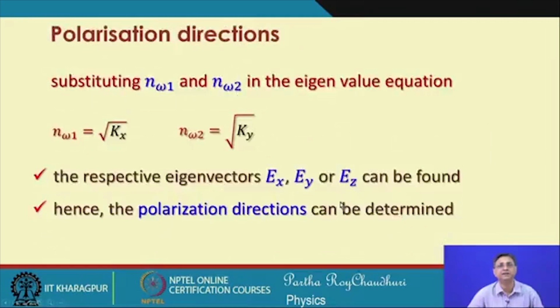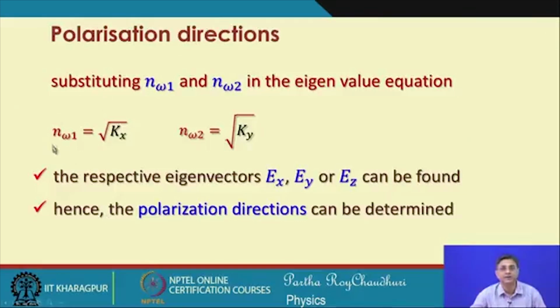So, this is very interesting. Substituting the value of n omega 1 equal to this and n omega 2 equal to this in the eigenvalue equation, we can find out the respective eigenvectors E x, E y and E z. So, this discussion is very interesting, to know that given the refractive indices, we can find out the eigenvectors, that is the direction of E x, E y or E z, whichever is surviving, and those directions will be called the polarization directions.